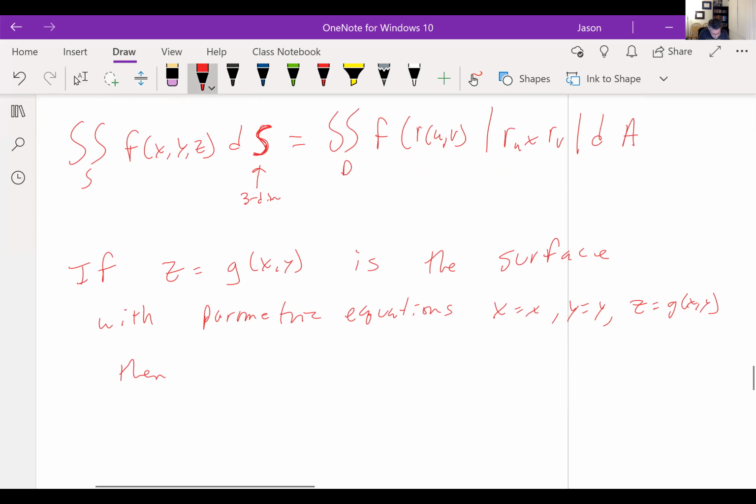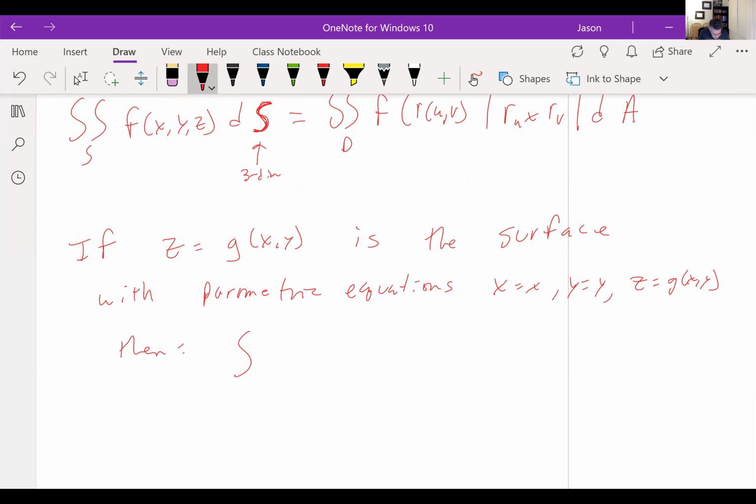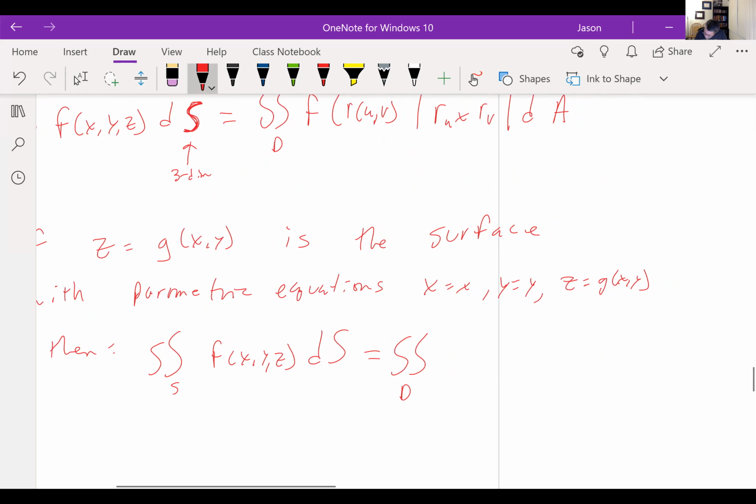Then we can say that the surface integral of f of x, y, z dS is equal to the double integral of f of x, y, g of x, y, times the square root of this thing. But we saw that this thing was just dS.